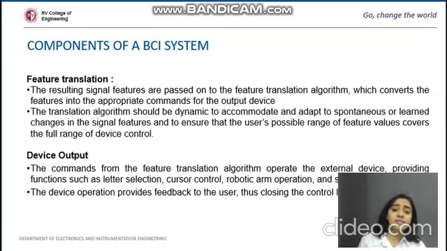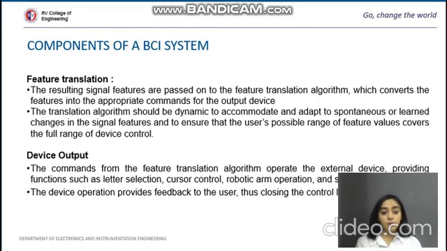Feature translation. The signal features are then passed on to a feature translation algorithm, which converts the features into appropriate commands for the output device. The translation algorithm must again be adaptive, so that it can adapt itself to the user's intents.